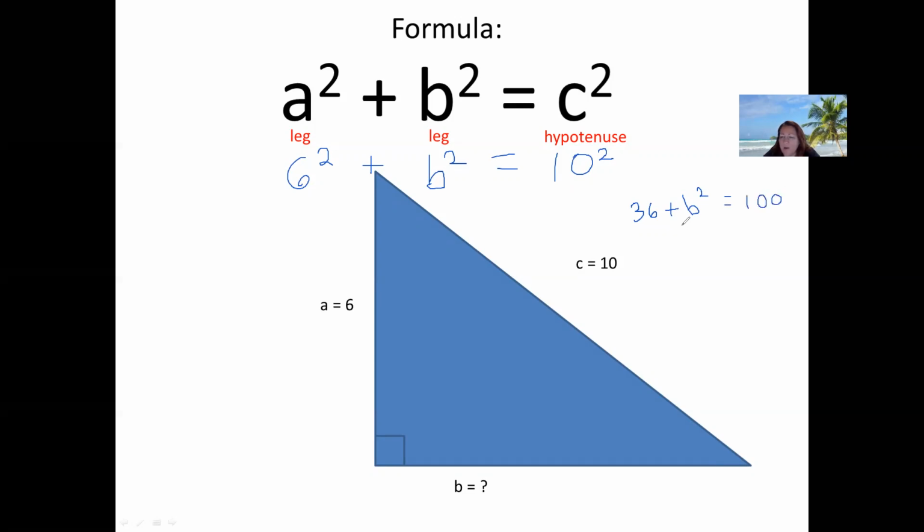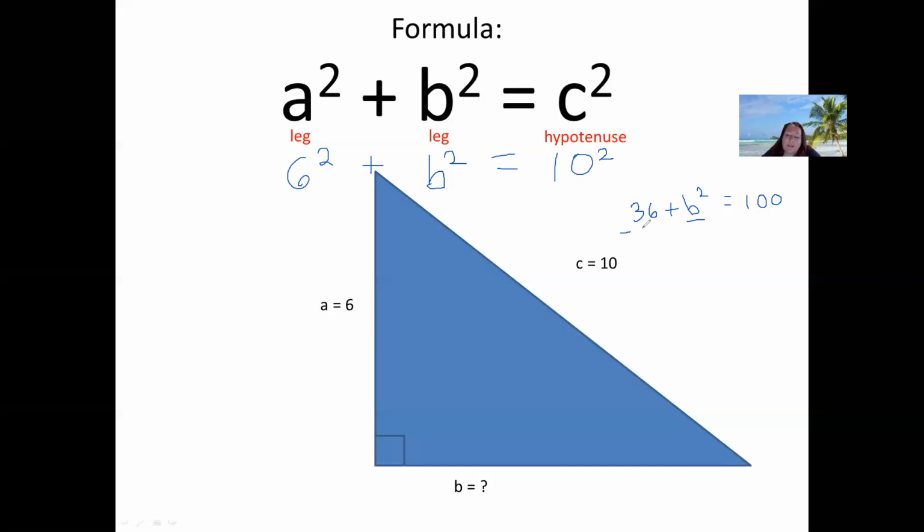Okay, so now we need to find B squared. How do we find that? How many of you guys are good at algebra? Well, if you are, you already know what to do. And if you're still learning algebra, the thing you have to do now is get that B squared by itself. So you got to do the opposite of adding, which is subtracting.